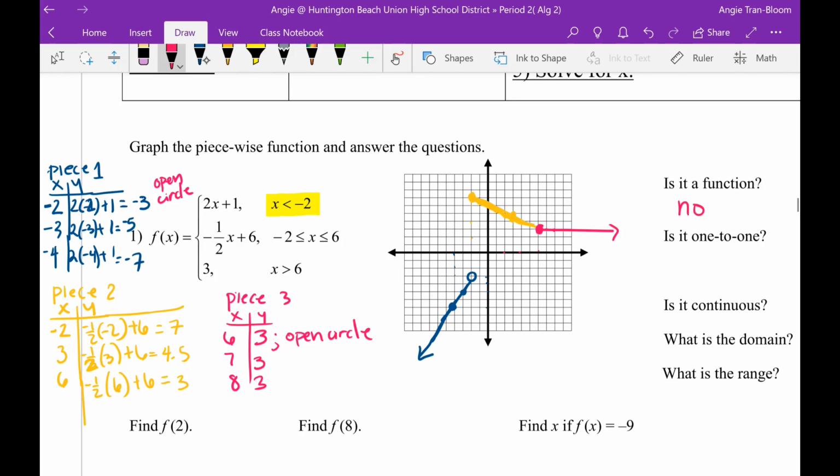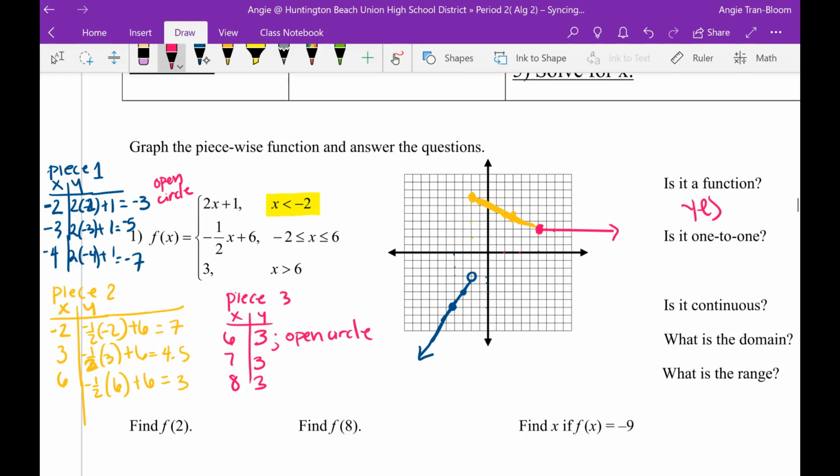Now, we're going to go to, is it a one-to-one function? What kind of test must it pass if it's a one-to-one function? Yes, we're going to draw multiple horizontal lines. Is this first one going to pass? Yes. Sorry, I meant I was ahead to this one.